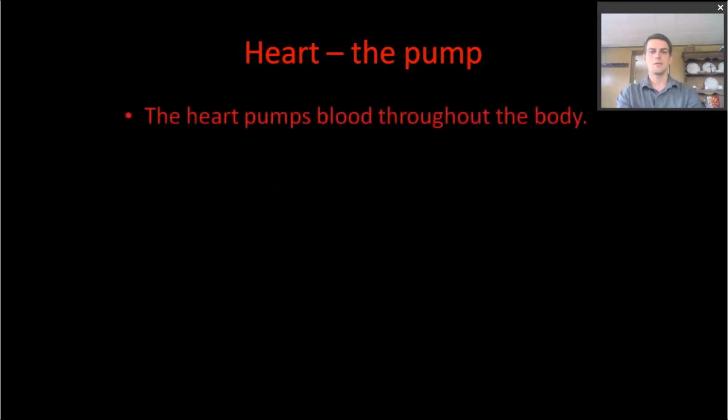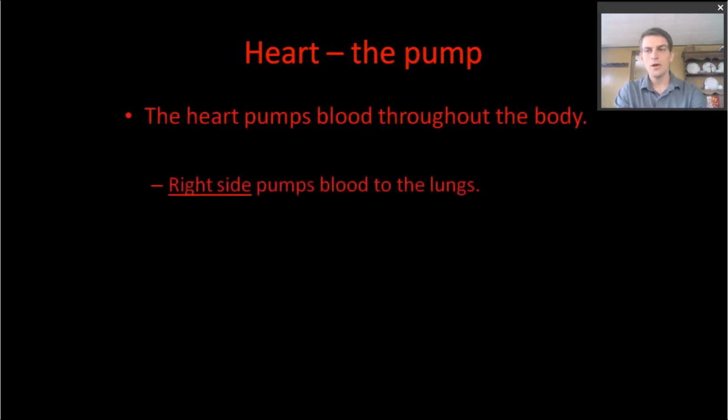So, the heart pumps blood through the body. Your heart is divided into two sides, a right side and a left side, and each of them kind of functions as its own separate pump. The right side of your heart pumps blood to your lungs, and that's important because by your blood going to your lungs, you're able to get rid of carbon dioxide and water, and your lungs are able to provide your blood with oxygen.